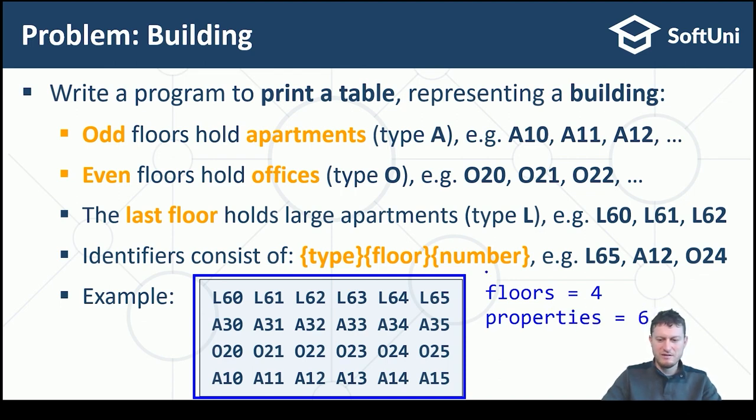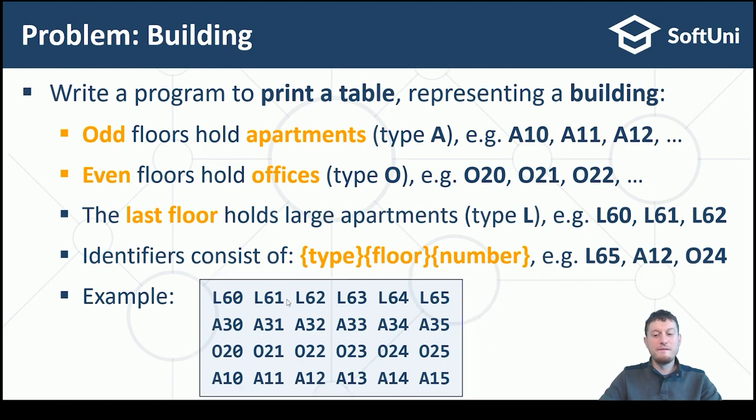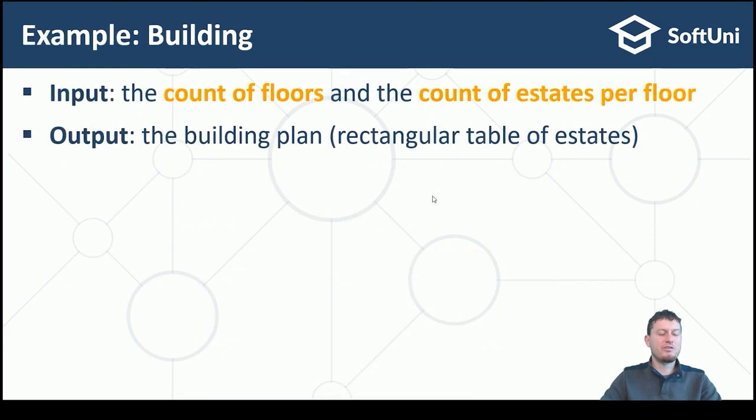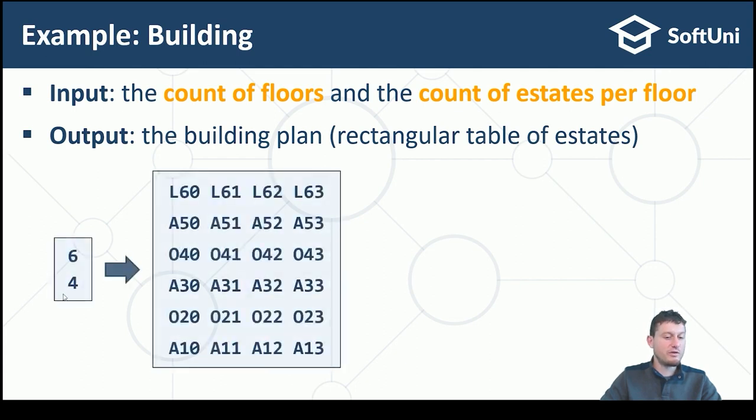So if we have 4 and 6, the output will be this one. Okay, so this is an example. As input, we take the count of floors and the count of estates per floor, and the output is the building plan, a rectangular table of estates. This is an example: 6 floors and 4 estates per floor. This is the output.